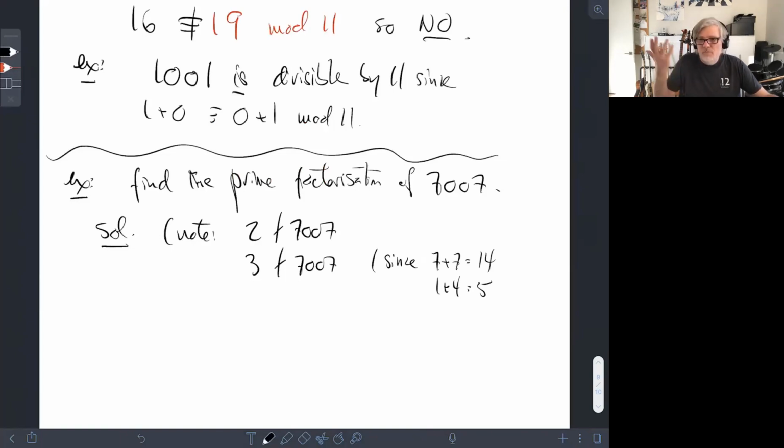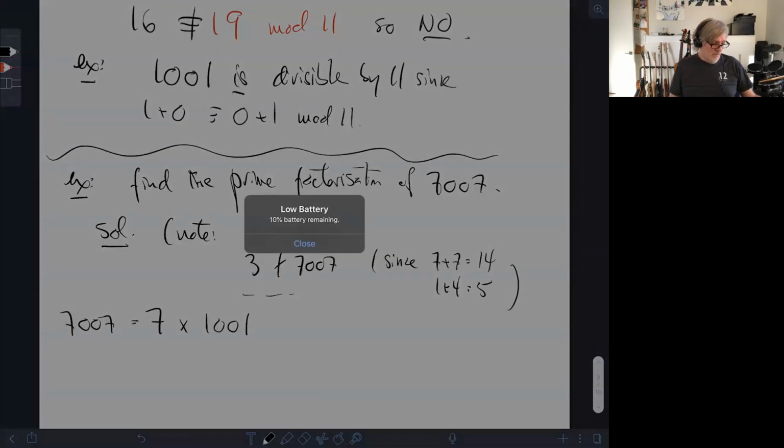We know 14 is not divisible by 3. 5 doesn't divide. 7 does, right? Okay, so 7 times 1001. I can do that, right?